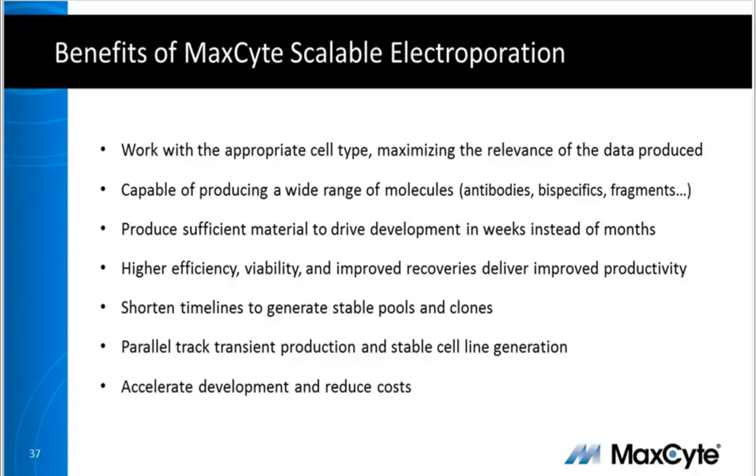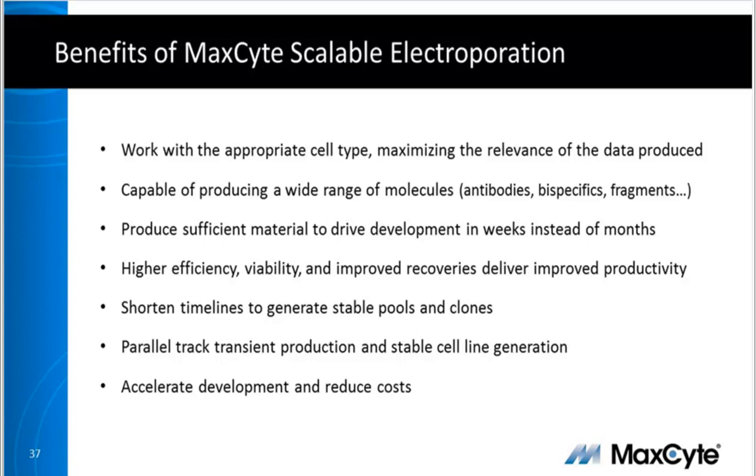I wanted to conclude today's webinar by summarizing a few key take-home messages regarding Maxcyte's scalable transfection technology. First, Maxcyte's technology can transfect a wide range of mammalian cell lines, as well as primary cells and even insect cells.